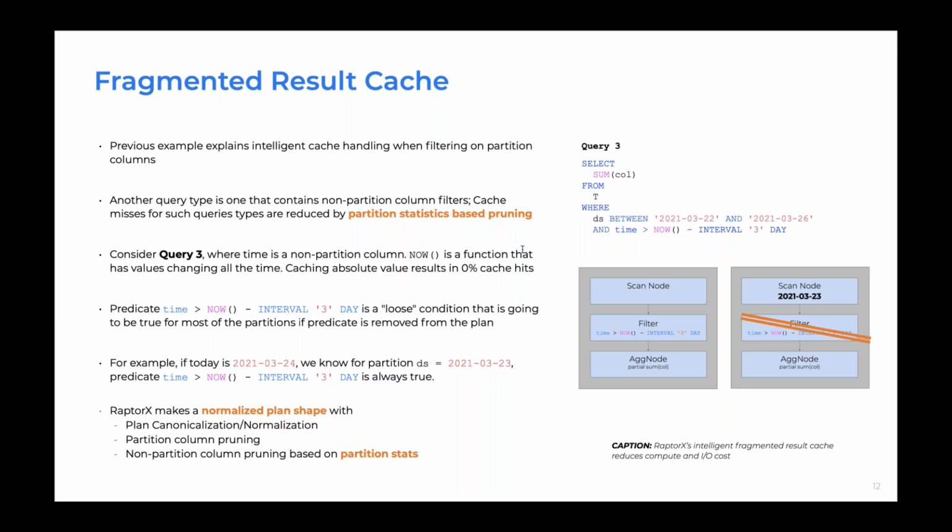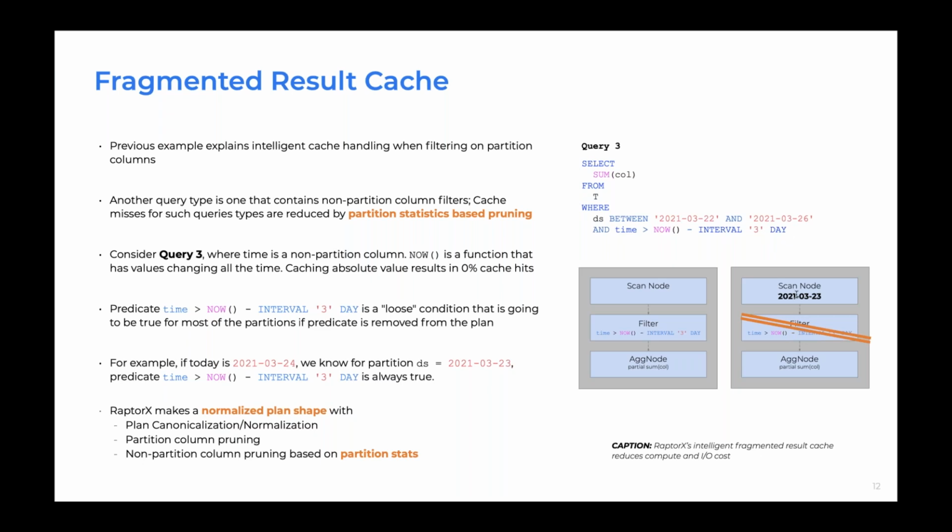So what we have done is build partition stats based pruning. What does it mean? Let's look into this example again. If today is the 26th and we are processing this information for DS equal to 23, we know that time greater than now minus 3 days will always be true.